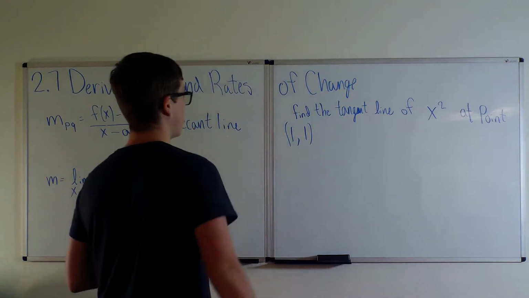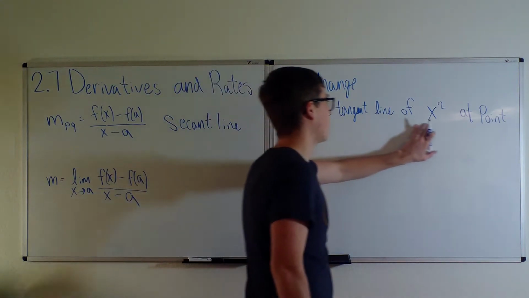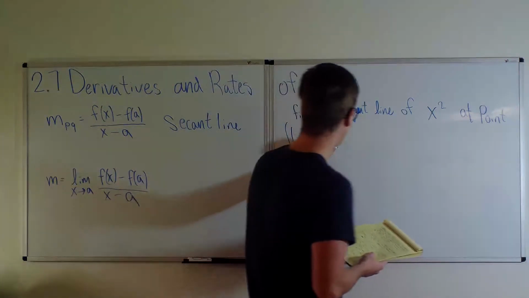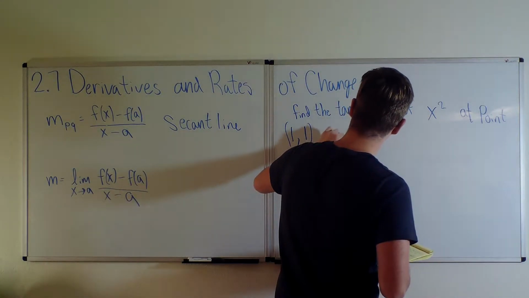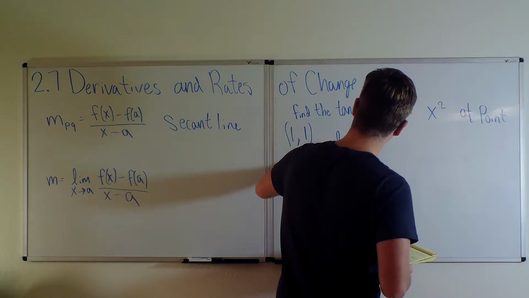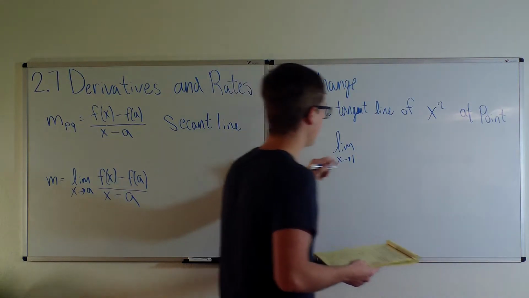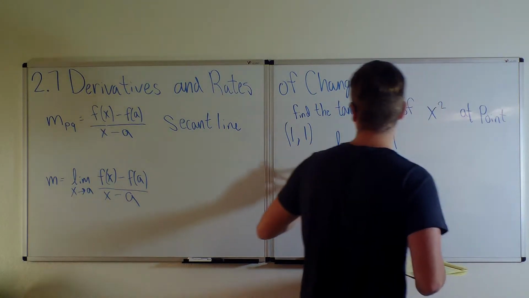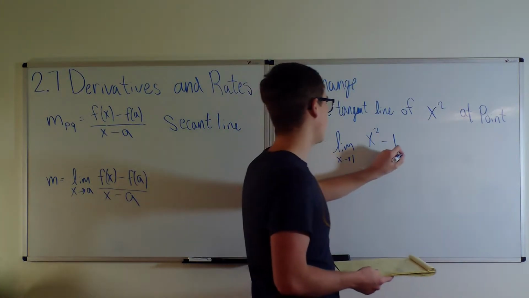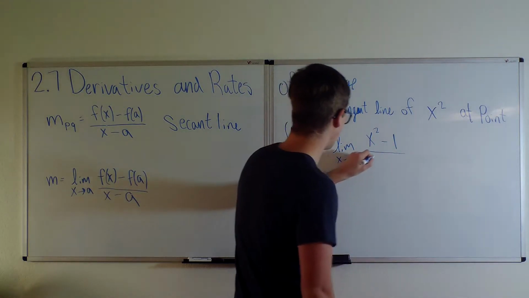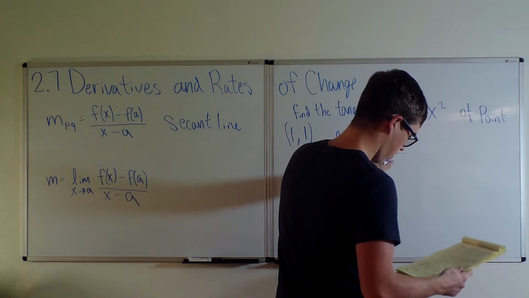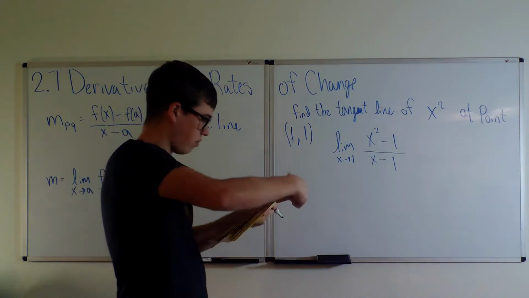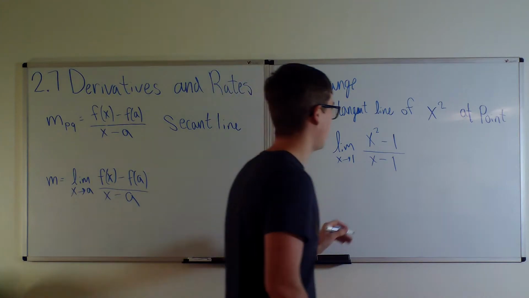So let's do an example. Find the tangent line of x squared at point (1, 1). That's pretty easy. The limit as x approaches 1, because that's the point, of x squared minus 1, because you plug 1 into x squared and get 1, over x minus 1. How do we solve this?